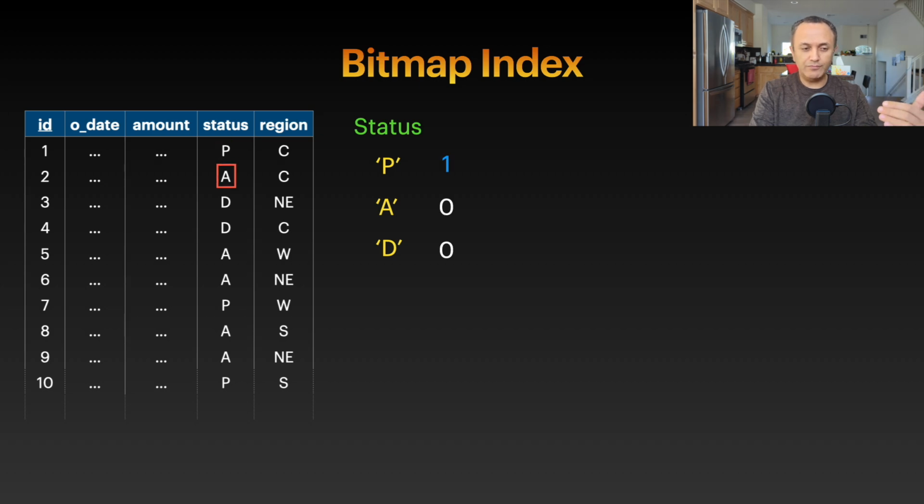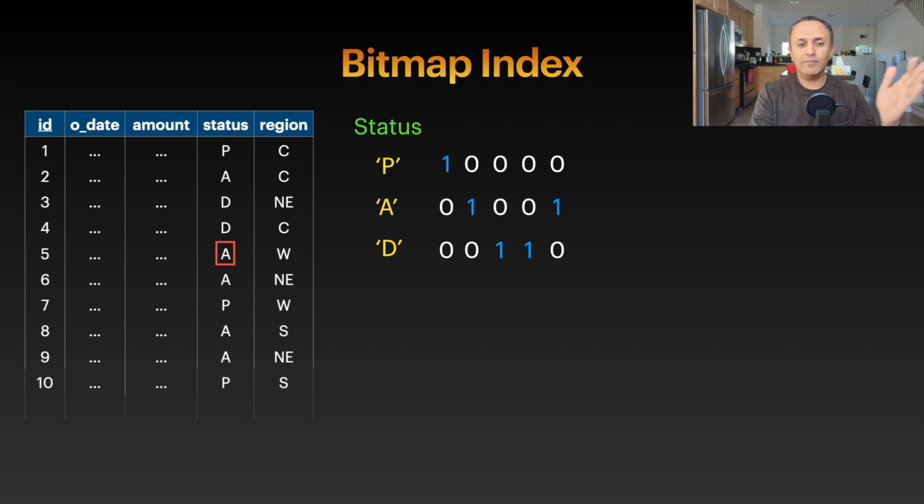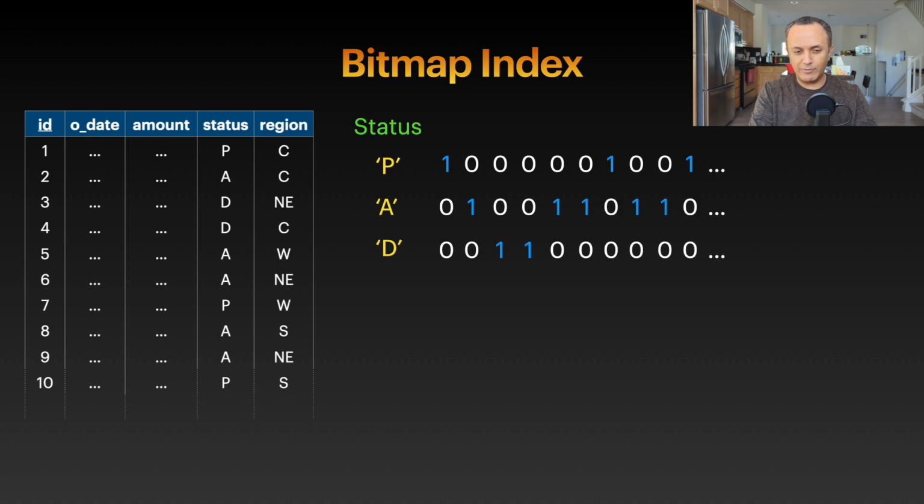Go to the second row. Second row has an A, so we're going to put 1 for A, zeros for the others. Third row has a D, so we're going to put 1 for D, zeros for the others. Same thing for the fourth row, D, so 1 for D, zeros for the others. And then A, so 1 for A, zeros elsewhere. So we keep doing that for every row all the way to the end of the table.